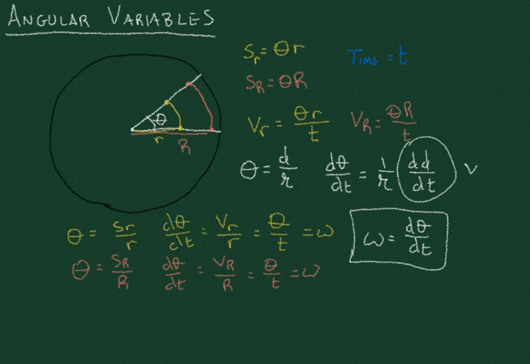And as we mentioned in the last video, we usually consider degrees unitless, so essentially we consider radians unitless. So what this really means is that the units of omega are 1 over time. Right, so this is a frequency. So the angular velocity is really a frequency.